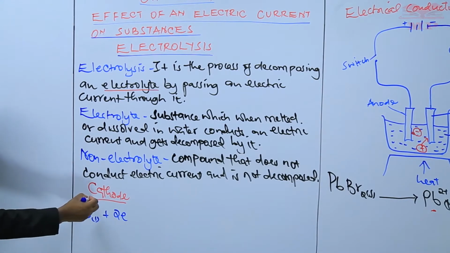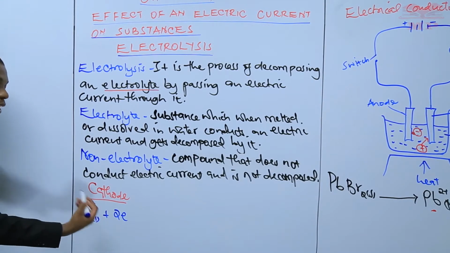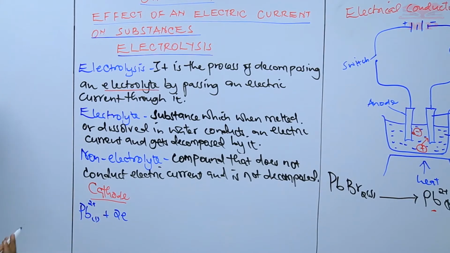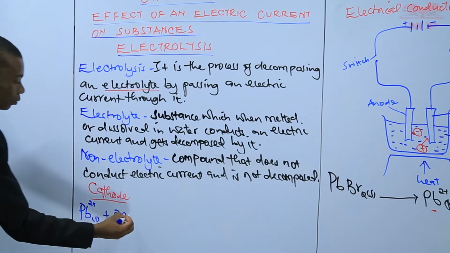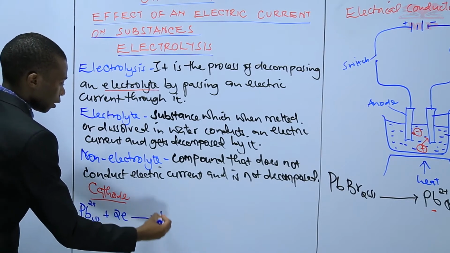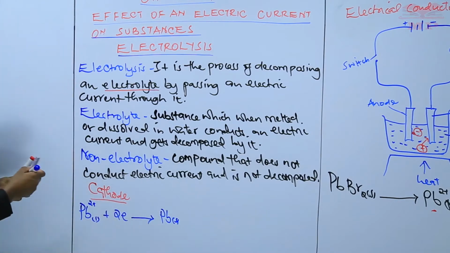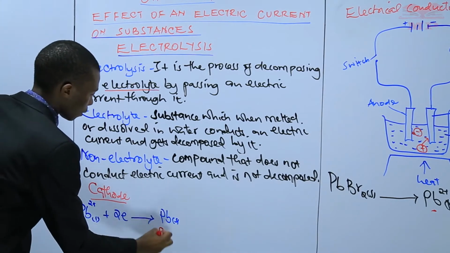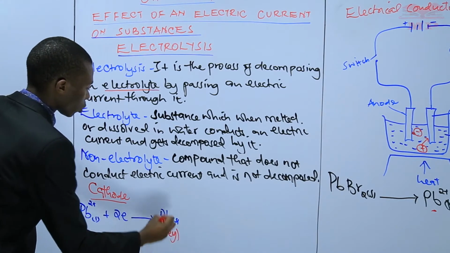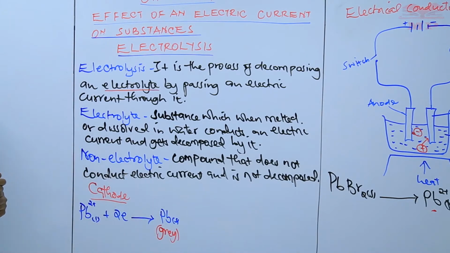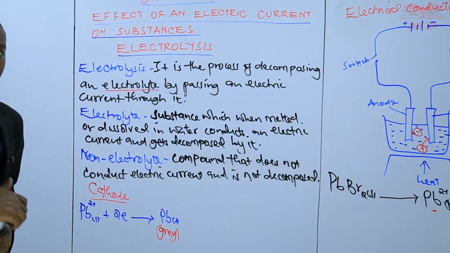When the charge is 2 positive, it just means that they have to gain 2 electrons for you to be able to form an electrically neutral atom. And therefore, lead metal is deposited. And this lead metal is gray in color. That's why we are talking about a gray solid being deposited at the cathode.